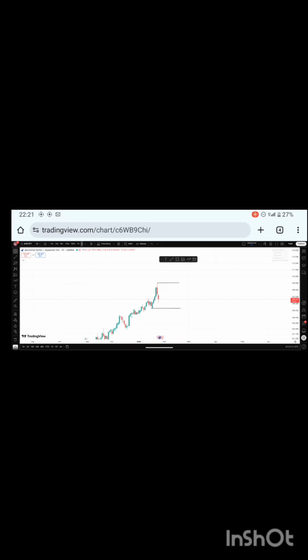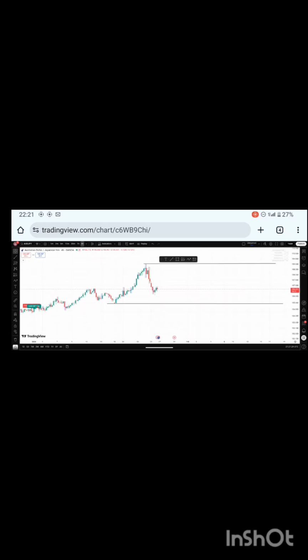So I go down to the 4-hour time frame. Let's see what we have. On the 4-hour time frame, you can clearly see that we are also bullish.